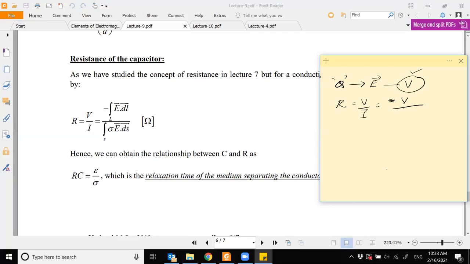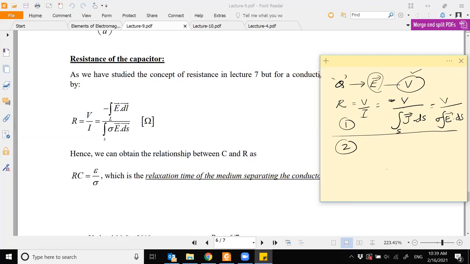How can you find the I? Use Ohm's law in point form, which is I is the integral of J bar dot ds bar over the surface, which is equal to, J is what? Sigma E bar dot ds, because E bar, you know it. So this is one way to find it.